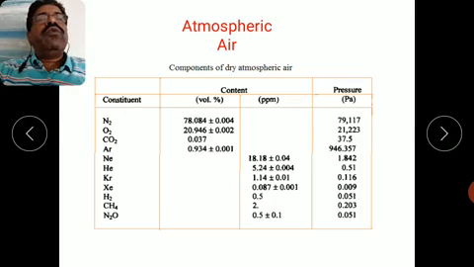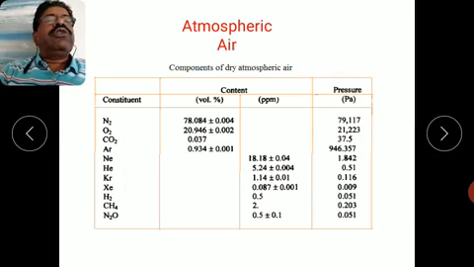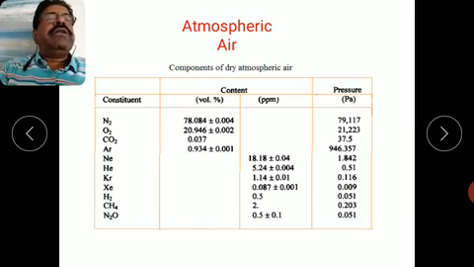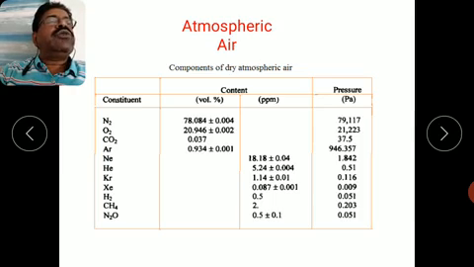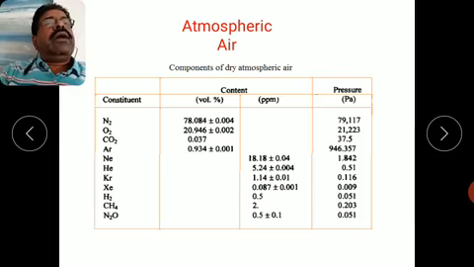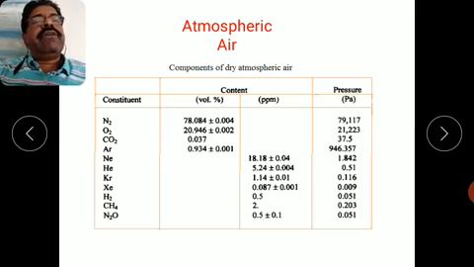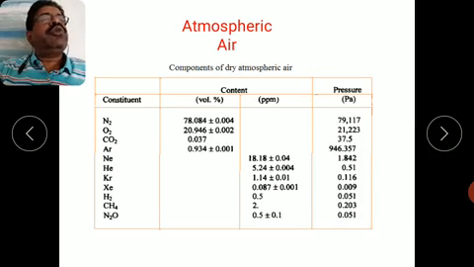Definitely, when you are leading to a very high level vacuum, the contribution because of other gas molecules needs to be also considered. And one more thing: in this table, I have not mentioned the contribution of water vapor, but definitely water vapor is also present in normal conditions, and that also has a certain contribution to the atmospheric pressure. So while designing the vacuum pump, the contribution of water vapor should also be considered.